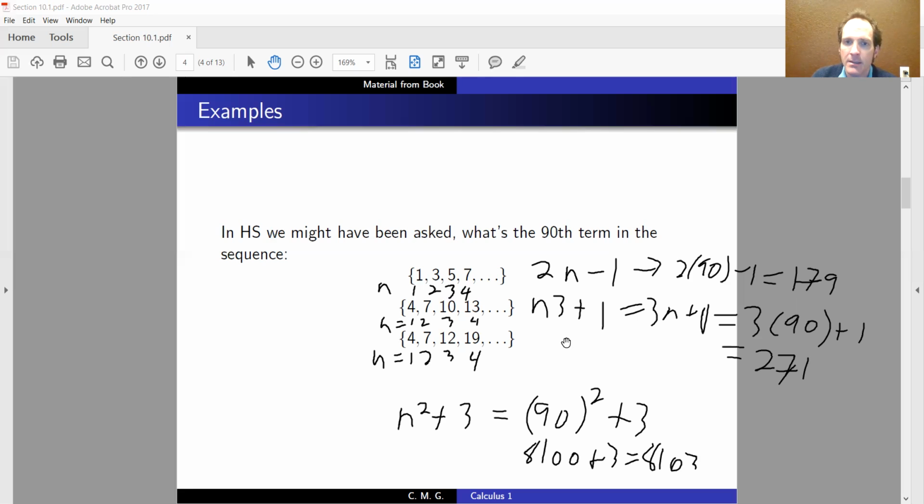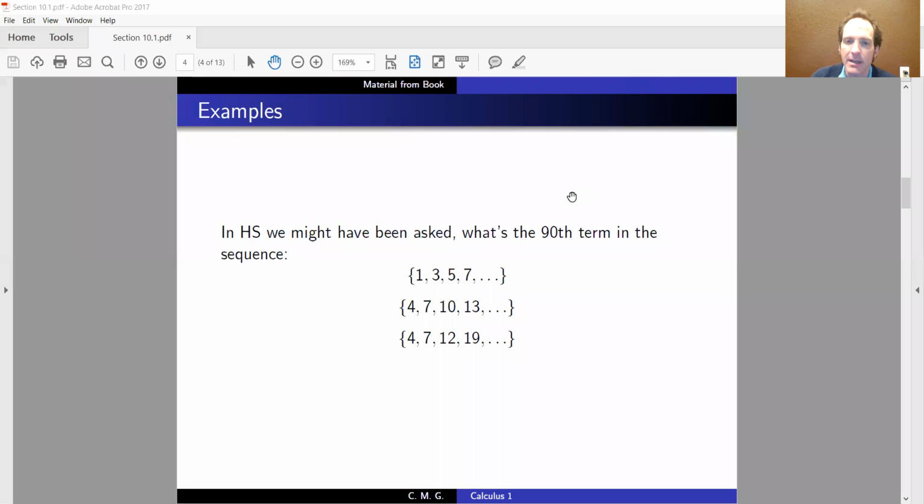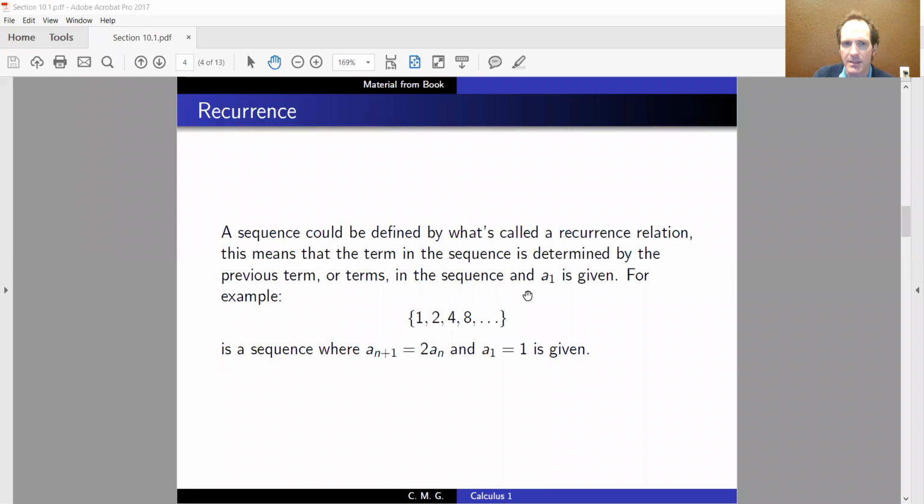Okay. So what we've kind of danced around here with this terminology is we need to talk about two forms of these sequences. The first form is what we call a recurrence relation. This says that I can determine any term in my sequence by what happened before.